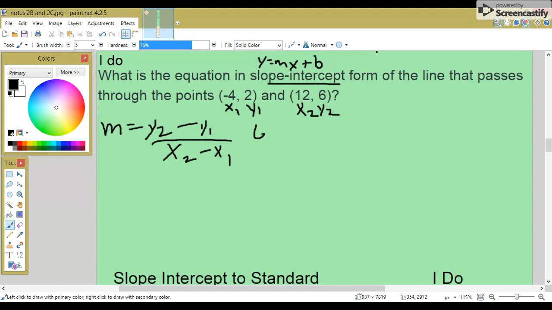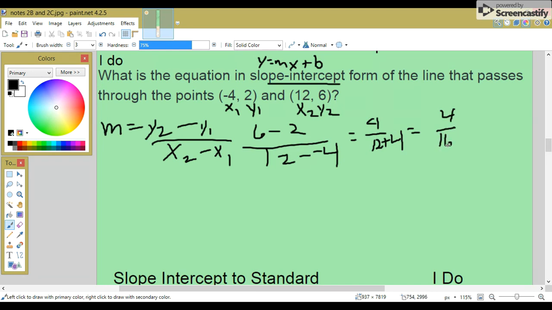You get 6 minus 2 all over 12 minus -4, which equals 4 over 12 plus 4, which equals 4 over 16. We can reduce this fraction by dividing each number by 4. So our slope is 1/4.